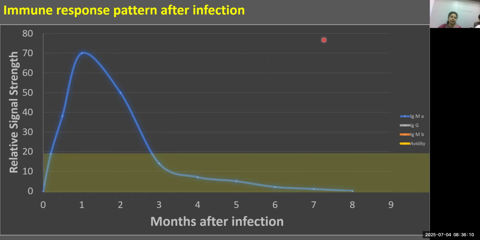IgM is increased if it is a recent infection, and it will die down after the immediate period is over. This is seen in the vast majority.